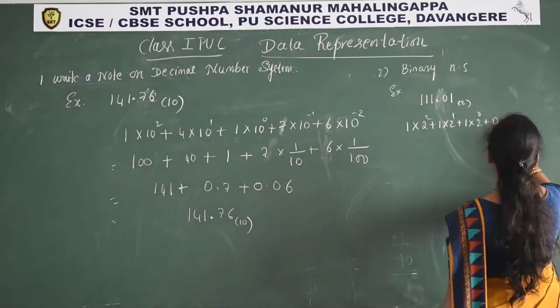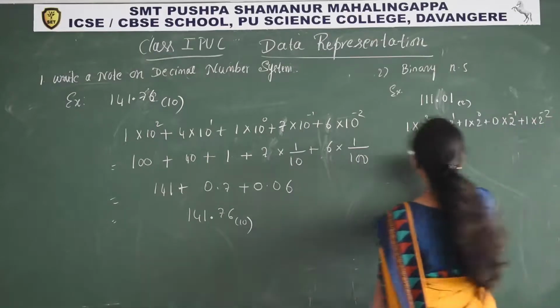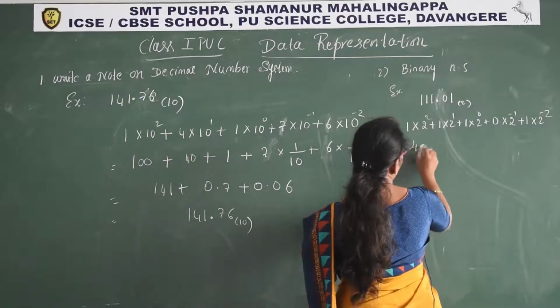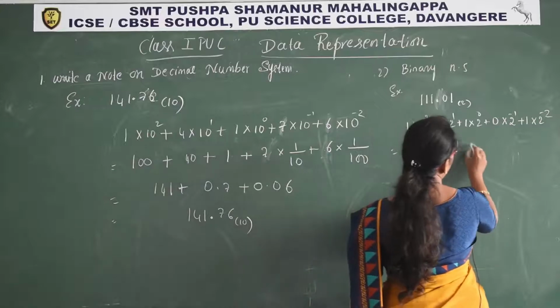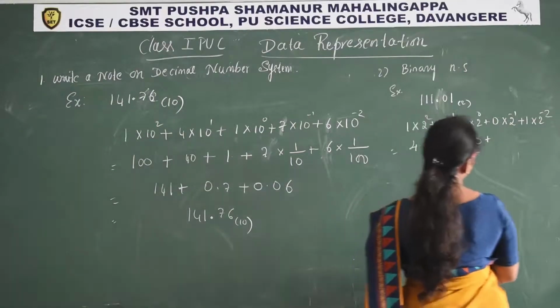Then 0 into 2 to the power of minus 1 plus 1 into 2 to the power of minus 2. Here 4 plus 0 plus 1 plus 0 plus 1 by 4, 0.25.